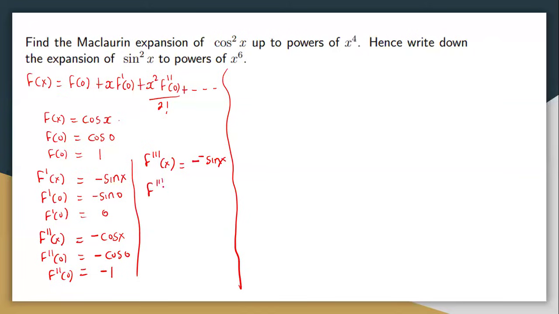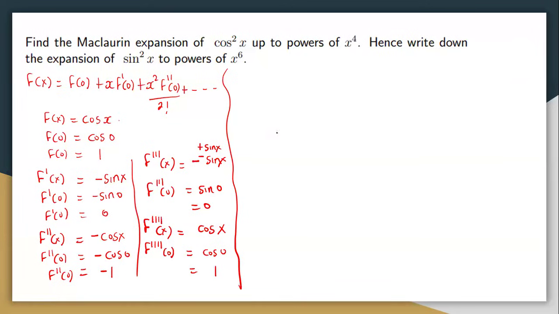So f triple prime of 0 will give us sine of 0, which is 0. Continue with the fourth derivative. Remember, this is a plus sine of x. Differentiate, you end up with cos of x. Now get the fourth derivative at 0, which will give you cos of 0, which is equal to 1.